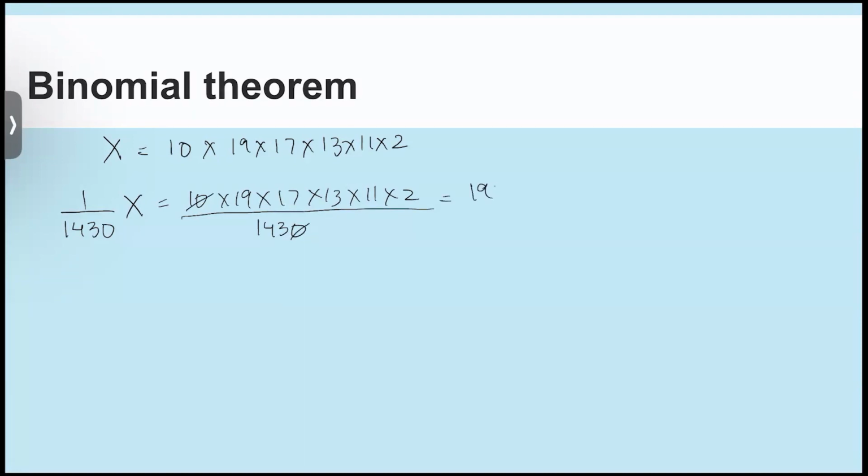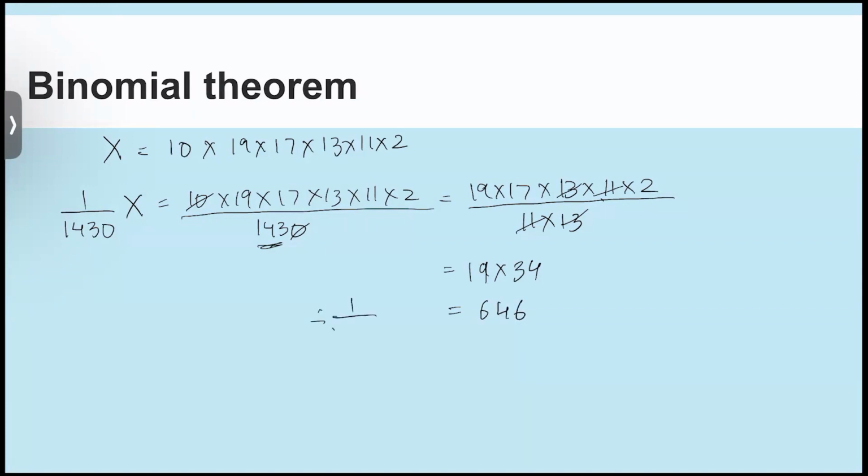So you have 19 into 17 into 13 into 11 into 2, and 143, you can write in terms of 11 into 13. So now you can simplify this further and you will get 19, 17 and into 2. So now you will get 19 into 34 and the final answer is 646. So therefore, 1 by 1430 multiplied by x, the expression that we had, the value is 646.